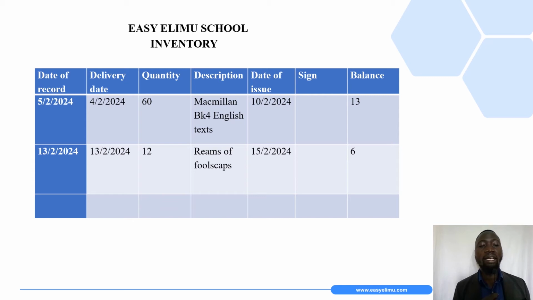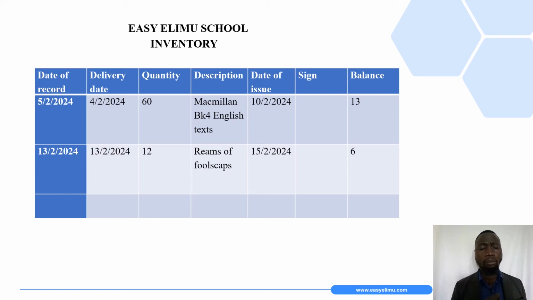We have the column indicating the date of record, another column indicating delivery date, another indicating the quantity or the amount, then the description of the item, then the date of issue. There is a column for the signature, and we have a column for the balance, that is the remaining items.